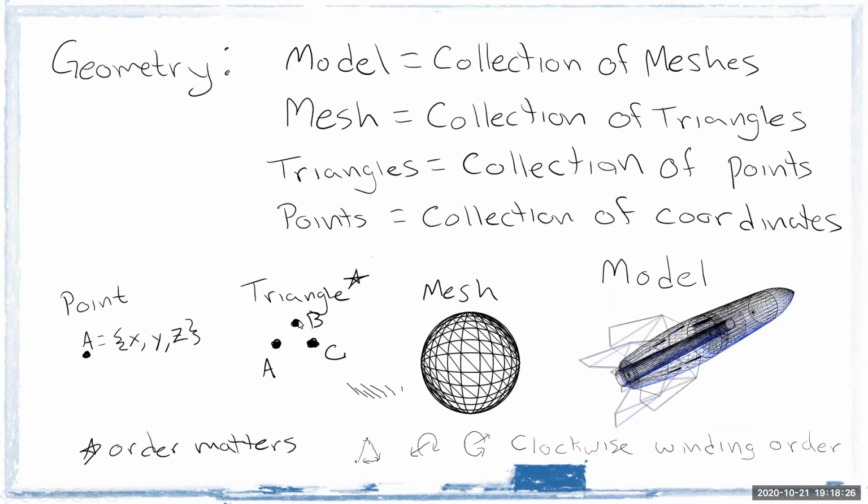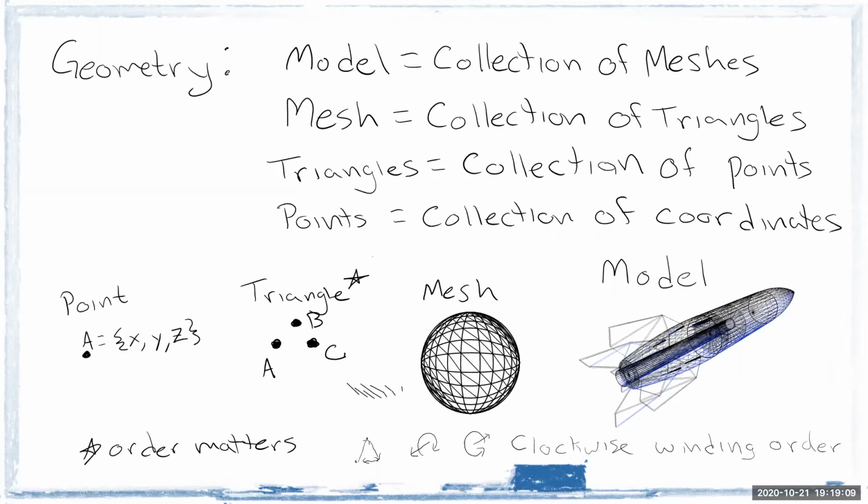And it's important how we define the order of these points. It doesn't exactly matter whether you choose a clockwise or counterclockwise winding order, but you just need to be consistent, because the winding order, whether we go clockwise or counterclockwise when we list the points, determines which way the triangle is facing, like where the front of the triangle is.